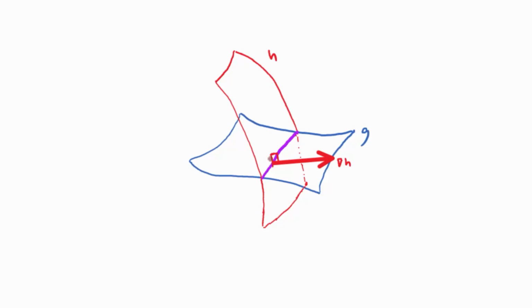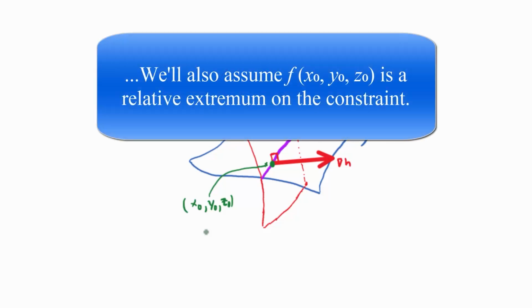So that del H, that vector at x naught, y naught, z naught, at the critical point, we're assuming that there's a critical point on this curve of intersection right there. So that's x naught, y naught, z naught. That's pretty important that you understand that. Or maybe a local extremum occurs there. We'll just make that assumption. So it's not only a critical point, but when you plug that critical point into F, it's going to be either an absolute max or absolute min.